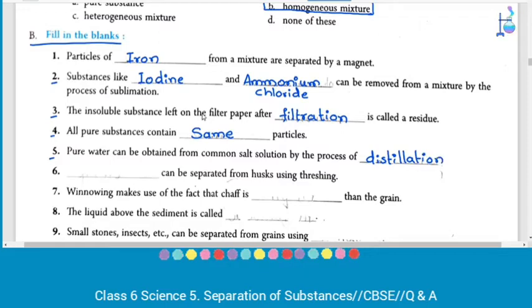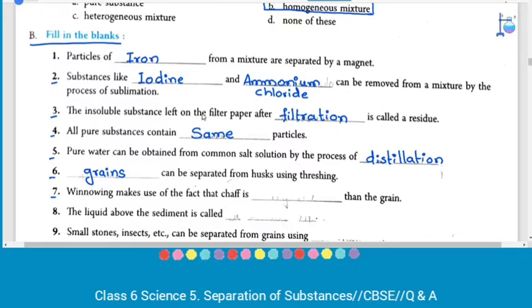Sixth question, dash can be separated from husks using threshing. Grains can be separated from husks using threshing. Seventh, winnowing makes use of the fact that chaff is dash than the grain.